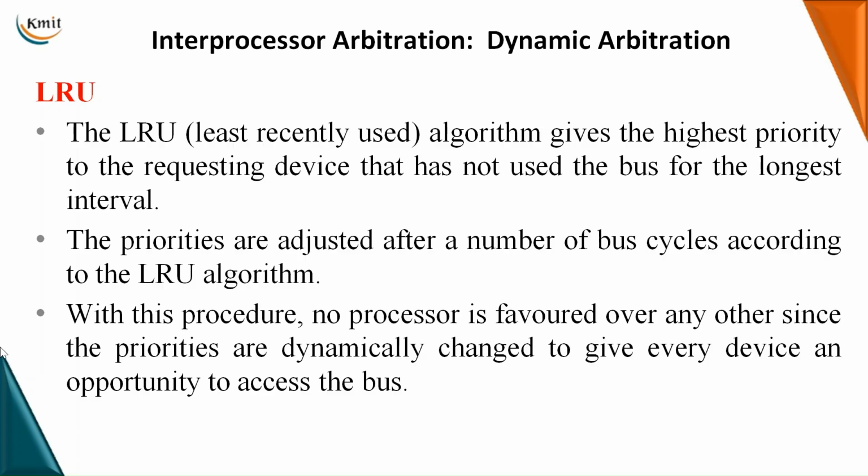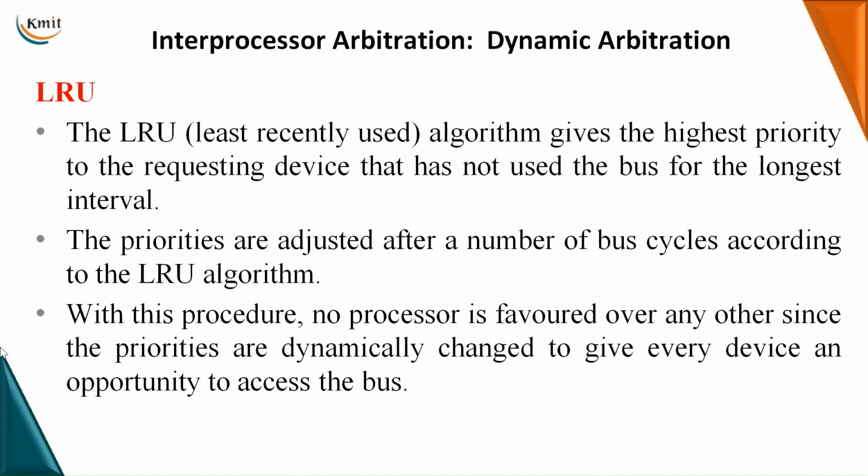So P3 will be allowed to access the bus rather than P1, even though P1 is the highest priority. We are not considering that. The priorities are adjusted after a number of bus cycles according to the LRU algorithm. After P3 completes, we are going to change the priority of P3 again, since it has been used recently.